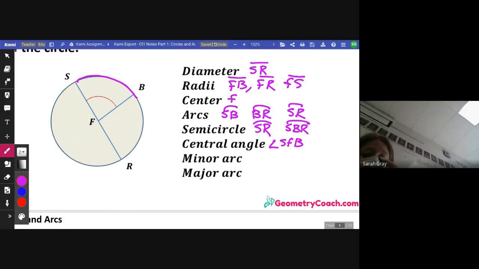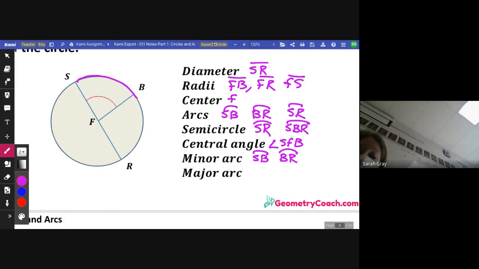And then minor arcs and major arcs. These may be duplicates that we've already written. But the minor arcs are less than halfway around. So we've got SB and BR. And a major arc goes more than halfway.